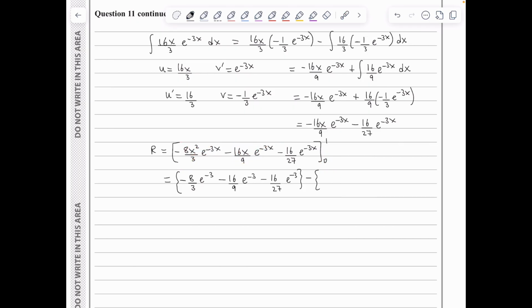So we've got 0 plus 0. And then we've got minus 16 over 27 e to the 0, which is simply minus 16 over 27. Now it's time to simplify things. We are looking at minus 136 over 27 e to the negative 3 plus 16 over 27, which is the final answer for the region R.